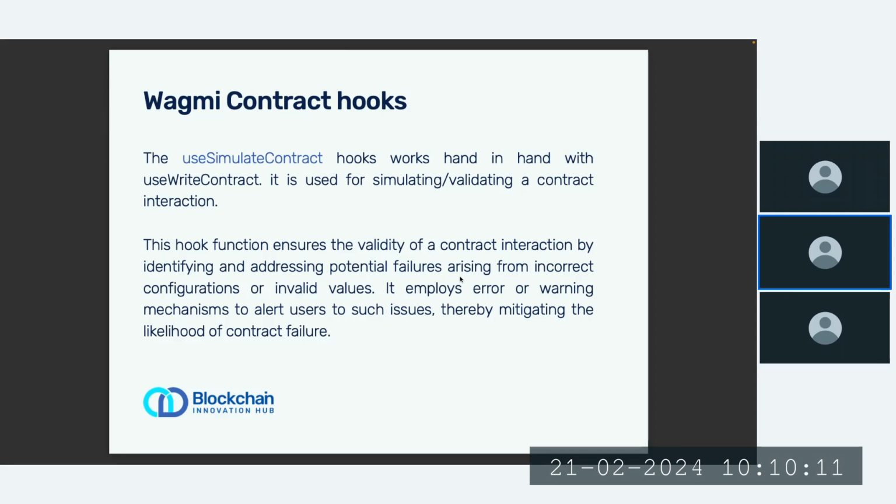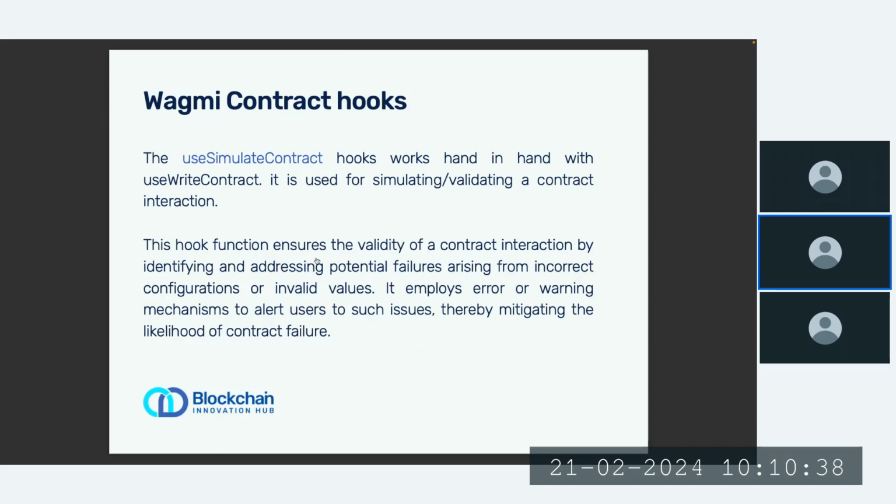So if you are going to make a call to a contract, what this useSimulateContract hook does is it makes the call first, and then in a scenario where there's an error or a potential failure that will arise from the contract interaction, it's going to return such errors or warnings to you before you actually call the main contract.